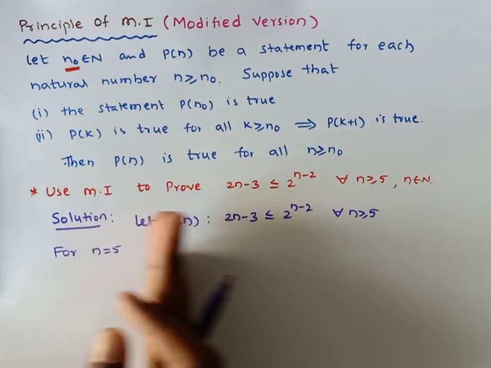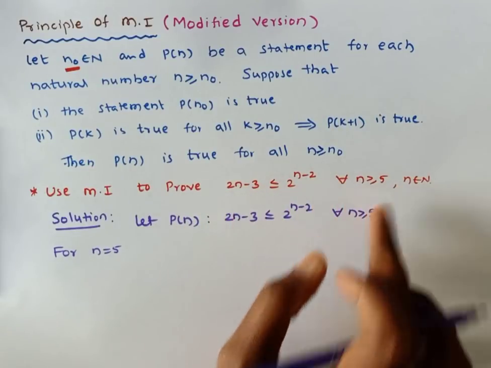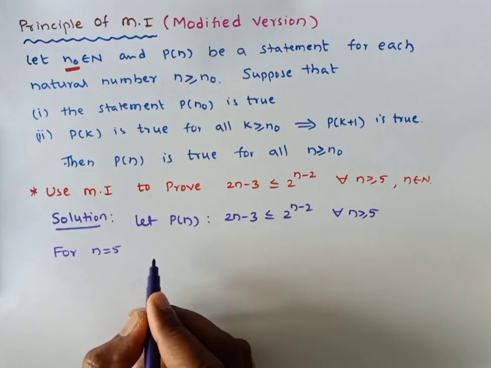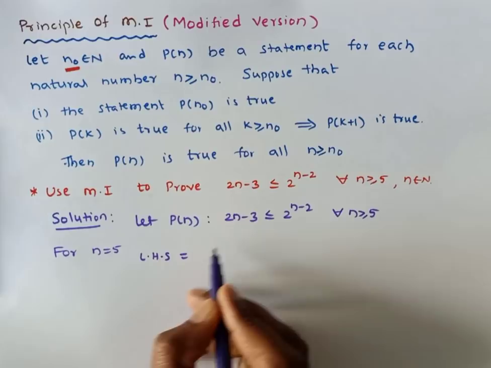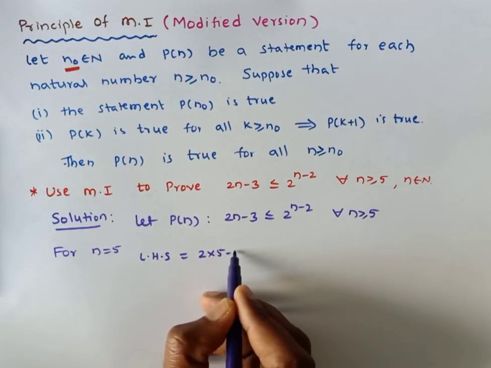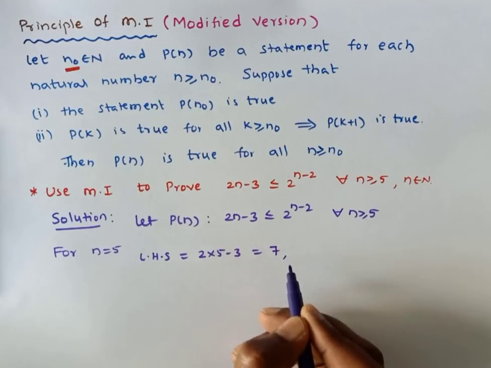Now, this statement is true from 5 onwards. So n equal to 5. Now we have checked the left hand side. Left hand side of the given statement is 2 into 5 minus 3, that is 10 minus 3, so this is 7.